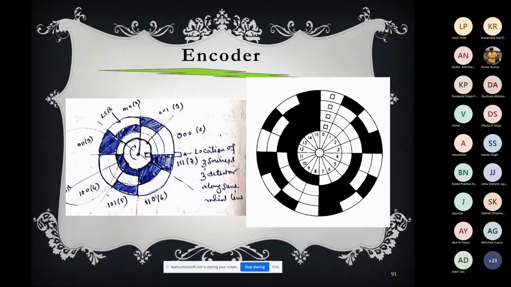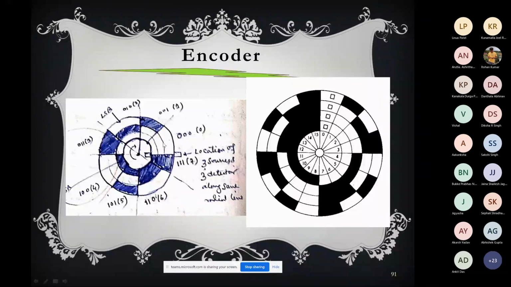So let's first see the left hand side hand-drawn picture. Here we see, suppose we take one glass circle, and we divide it into three tracks. You see there are three tracks in the circle, one, two, three.